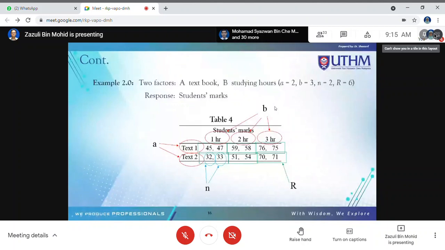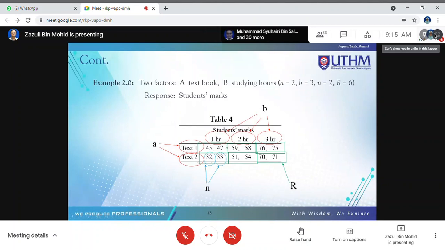We have two factors in this experiment, each factor having different levels. For the first factor, the student marks, we have three levels, but the other factor is not quantitative, it's a qualitative factor. It has two levels, text 1 and text 2.